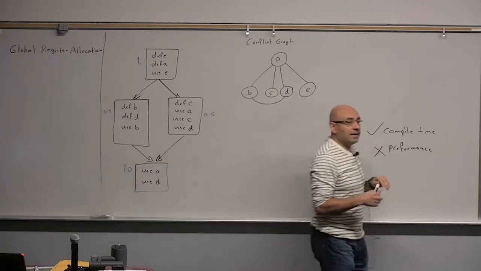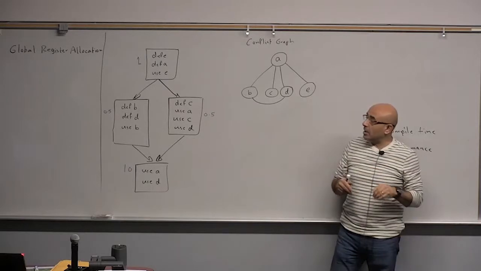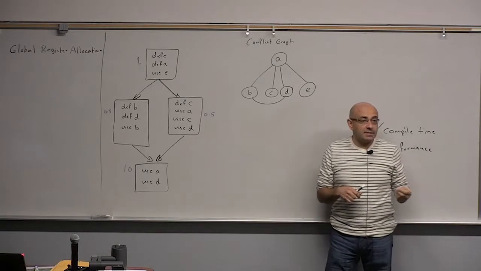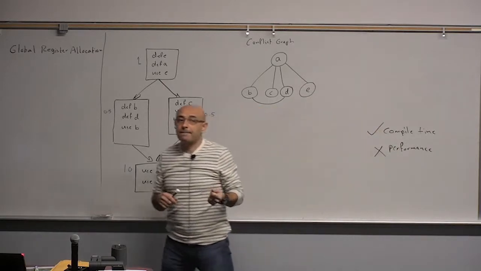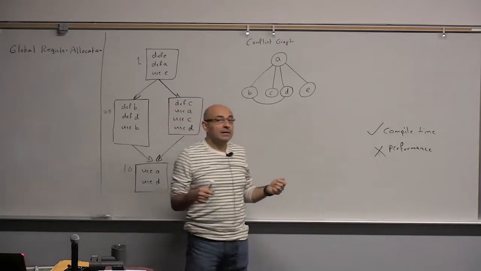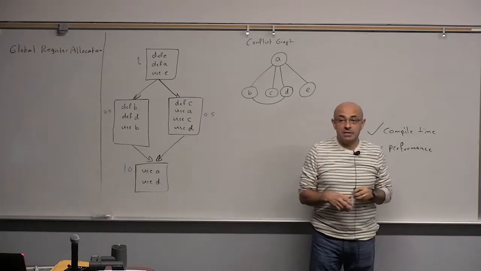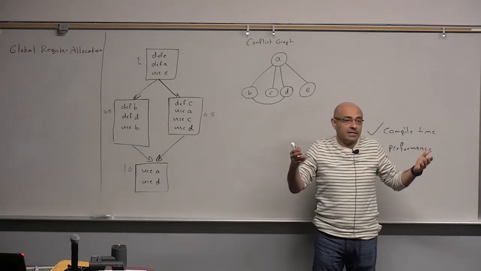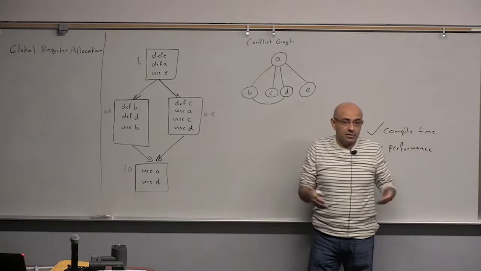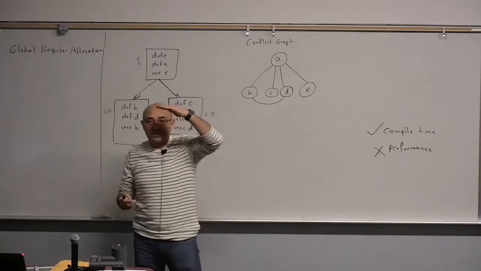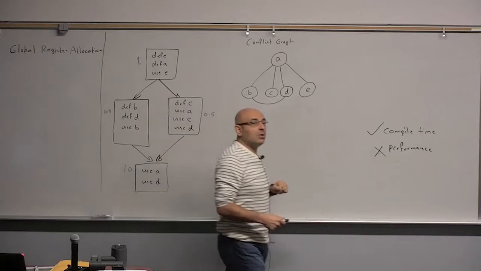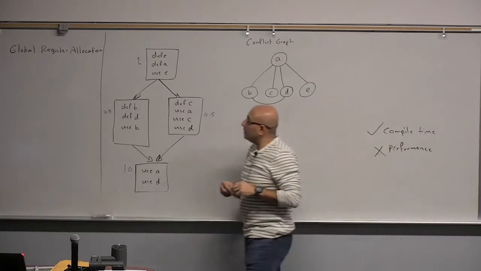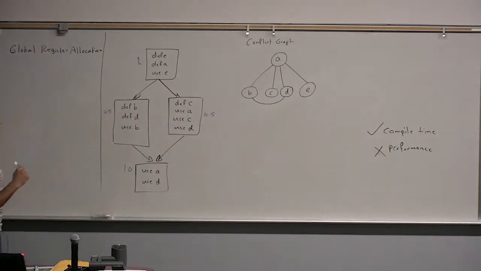So you do not carry values across basic blocks. Anything across basic blocks is stored in memory as opposed to registers. You are loading it before the first use in a block, and you are storing after the last definition in a block. Okay, so now this is our global register allocation.